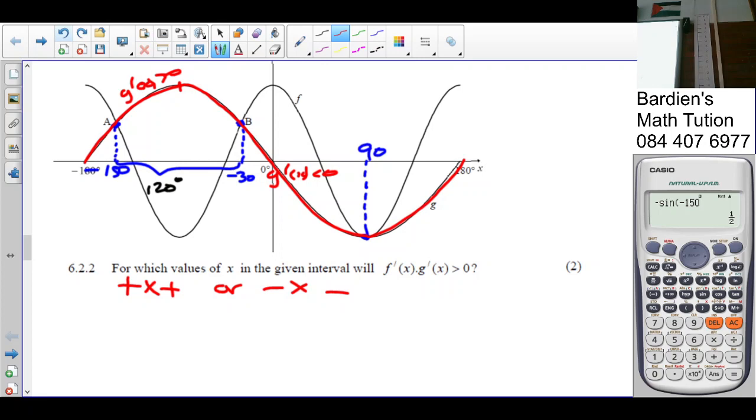So remember, we are looking for where both gradients must be positive or both must be negative. From negative 180, what do you notice? One is increasing, one is decreasing. Can you see here? One is increasing, one is decreasing. So that one is increasing till negative 90, and this is decreasing till negative 90. So that's not what I want.